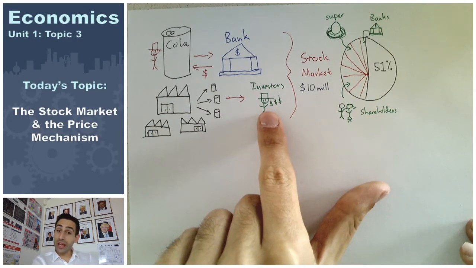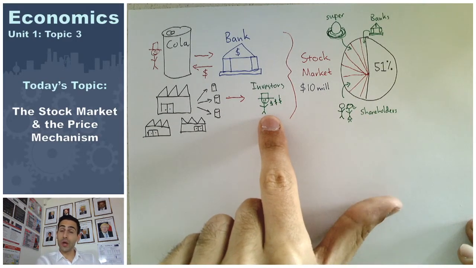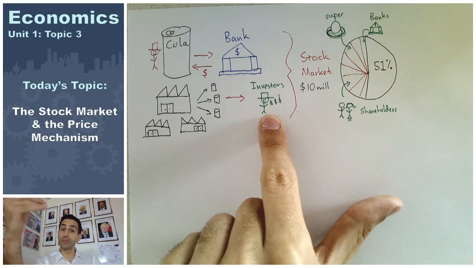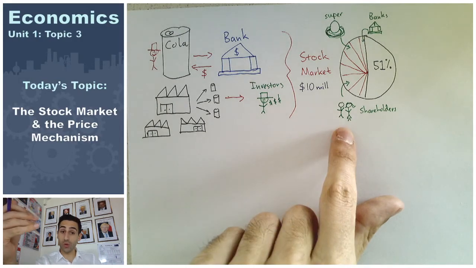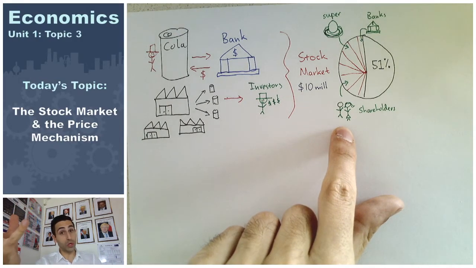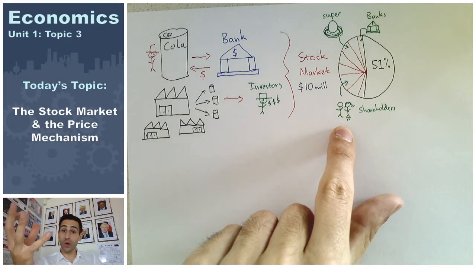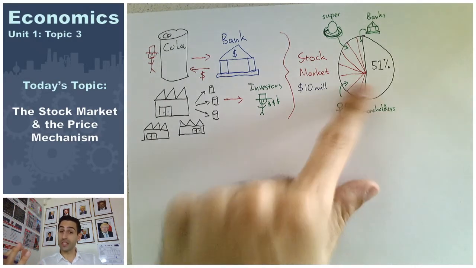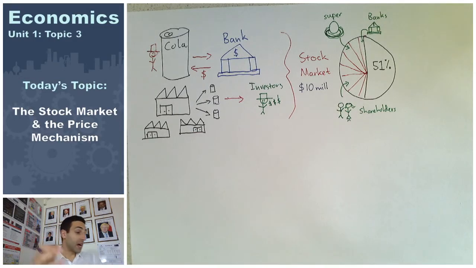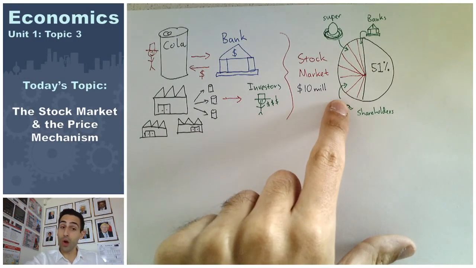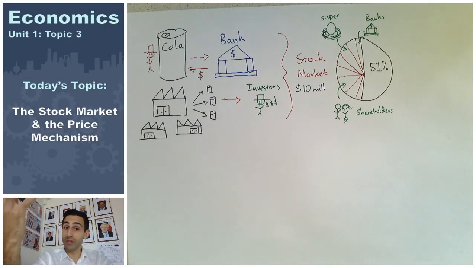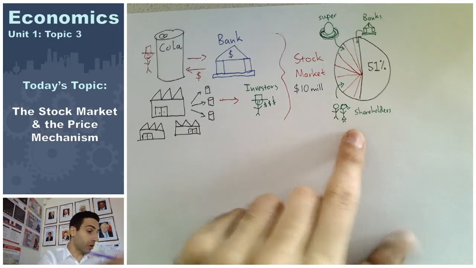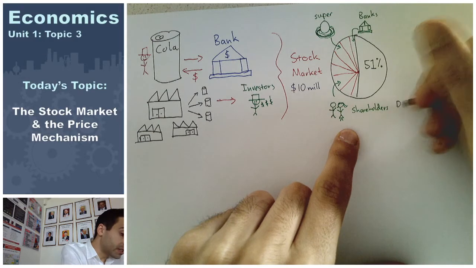Now, just like our investors were eligible to receive a proportion of future profits, shareholders are now also part owners. So shareholders are also entitled to a share of this business's profits relative to the share they own. The larger the share, the more you get. Okay. Now, the share of future profits is known as dividends.